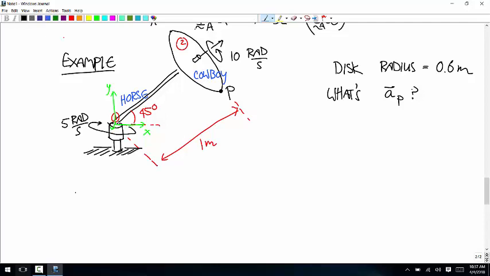And we know that the acceleration of that point P is equal to the observed acceleration of P. You could derive it though, with no scratch paper.